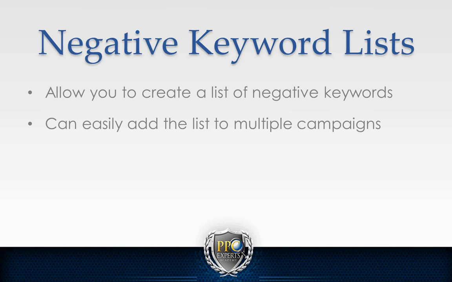If people were searching on Honda Accord headlight, I don't want to show up for that. So I have a keyword list for parts and accessories, and the things in that list are like headlights, spoiler, floor mats, brush guard, whatever. Basically, you can easily add those lists to multiple campaigns very quickly.